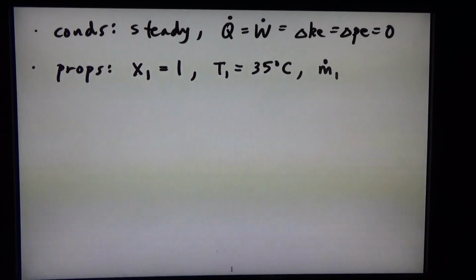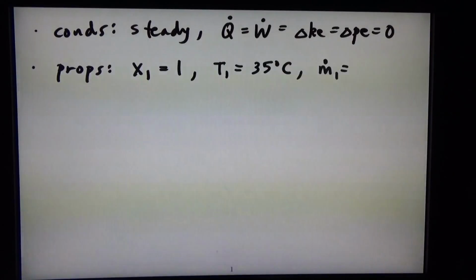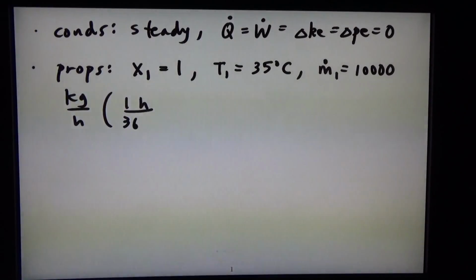And the mass flow rate at the water entrance is 10,000 kilograms per hour. We would want to take that number and convert it to kilograms per second. So to do that, we would divide by 3,600. That gives us a mass flow rate. Calculate it here real quick.